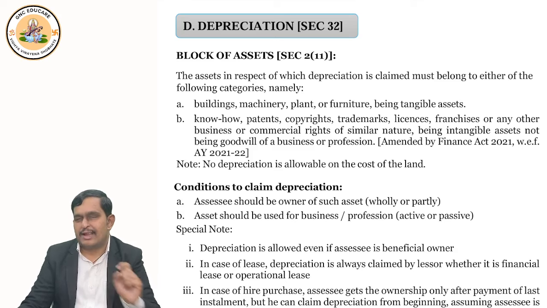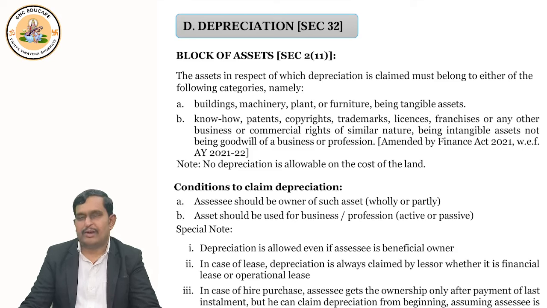I got the possession also. But registration is still pending. So still I'll be treated as owner and I can claim depreciation. So whether you are registered owner or beneficial owner, both are considered.